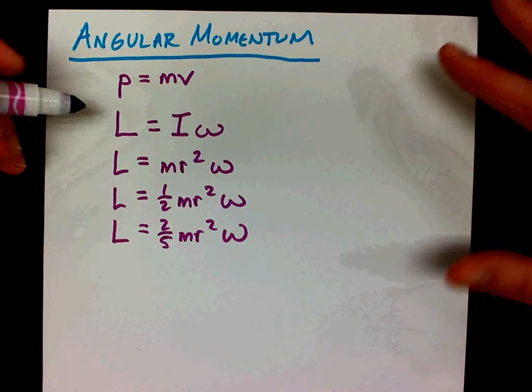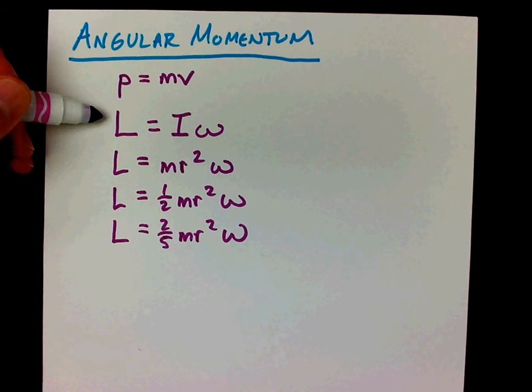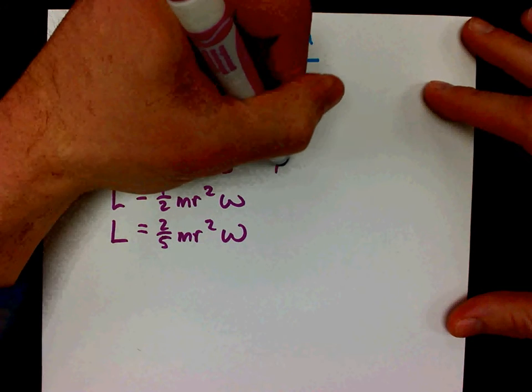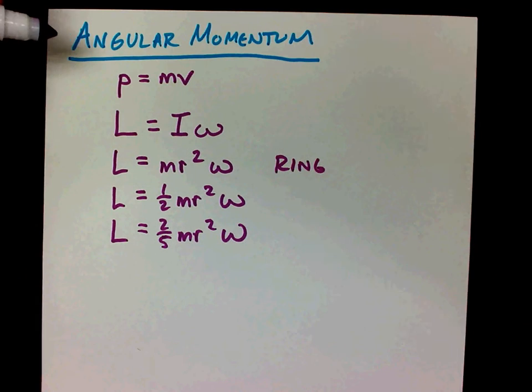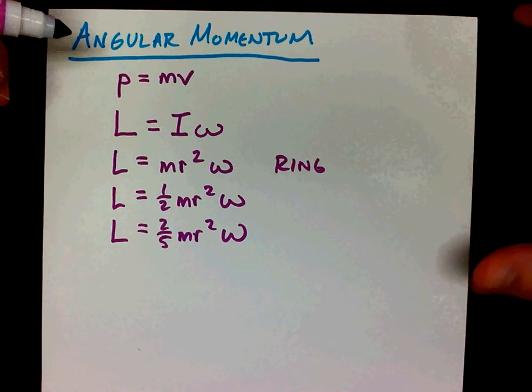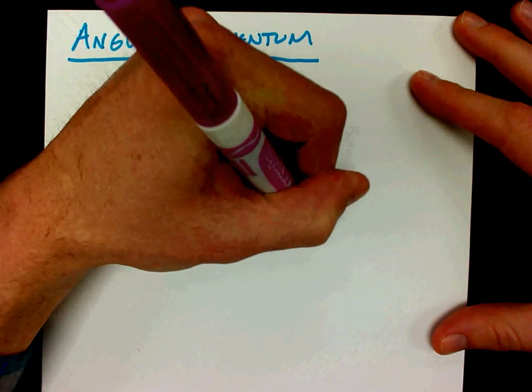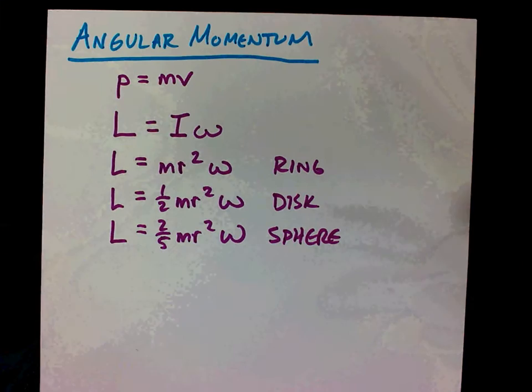So we've got our base equation, but from there it expands out into these possibilities: a ring or hoop, or something like a mass on a string, then our disk, and then our sphere. These are all things to keep in mind as you solve your way through some of these problems.